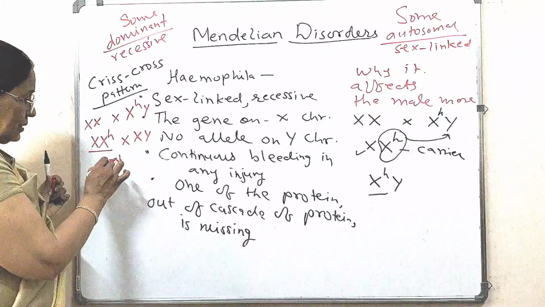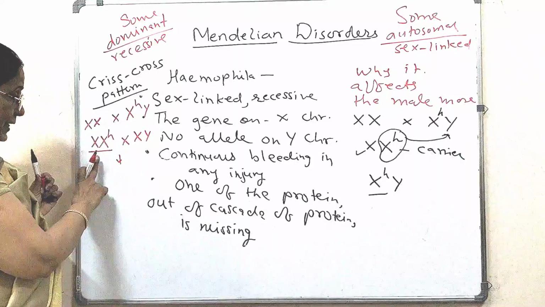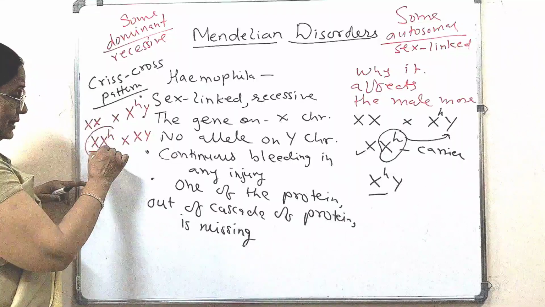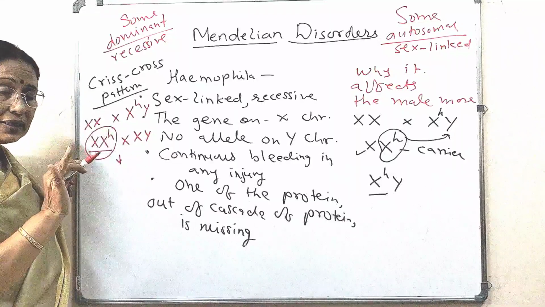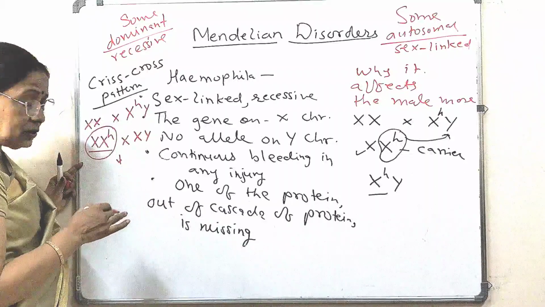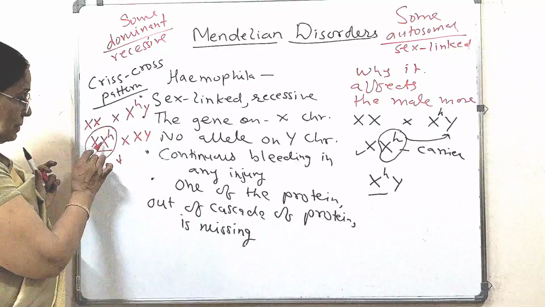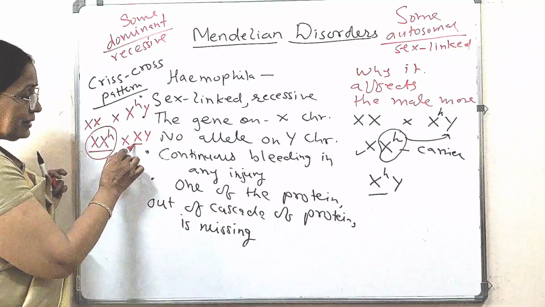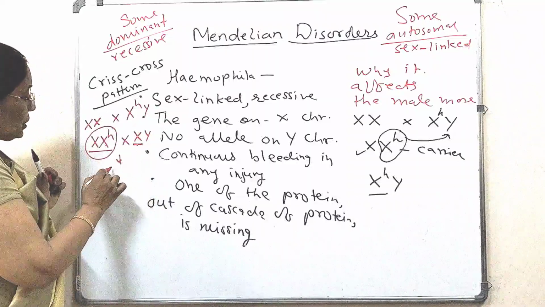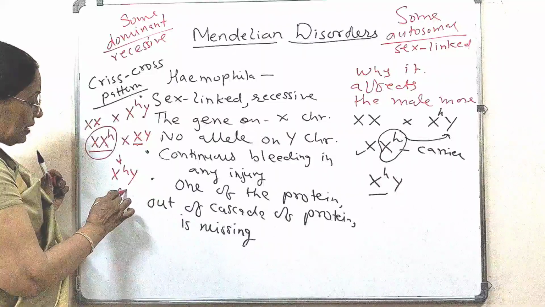Then when this daughter has children, what will happen? This daughter is a carrier. She does not have the disease, but she passes the gene to the sons. Even if the gene goes to a girl, she is protected by the other X. So the boy is affected. This is the affected one.